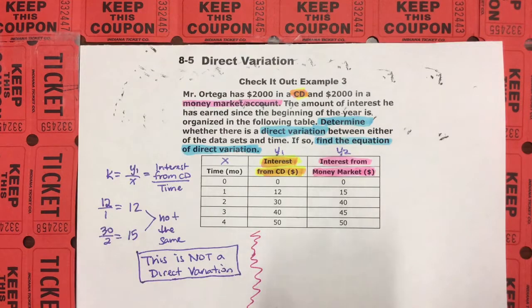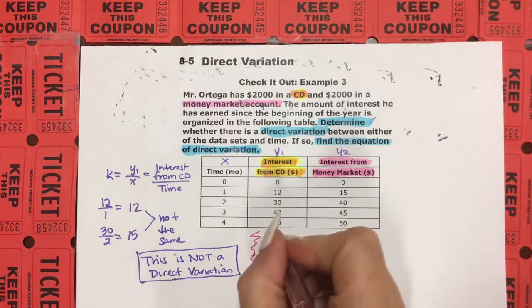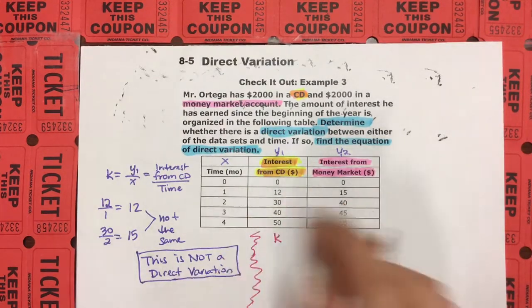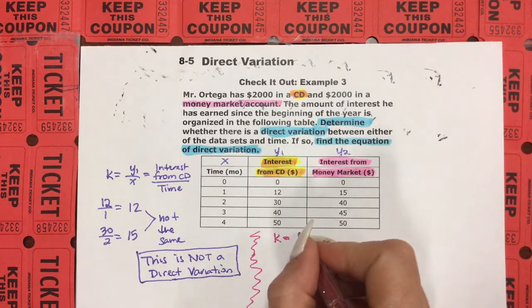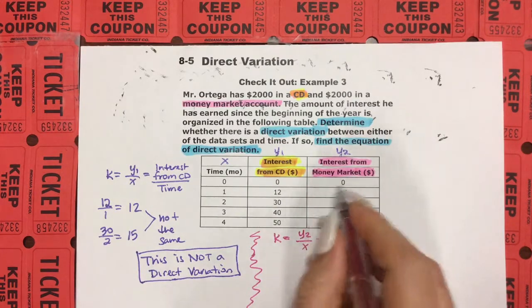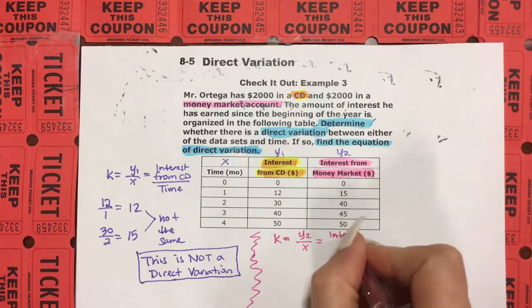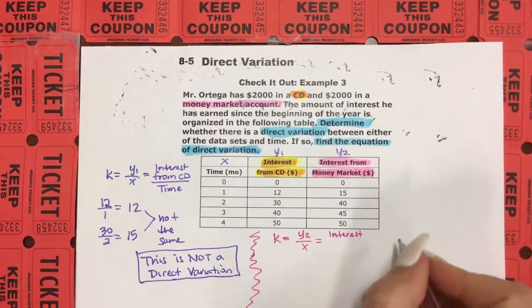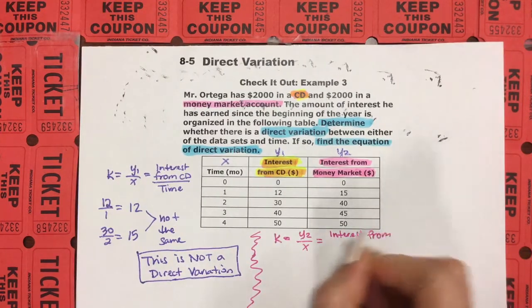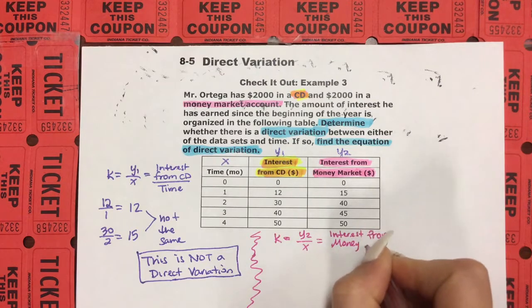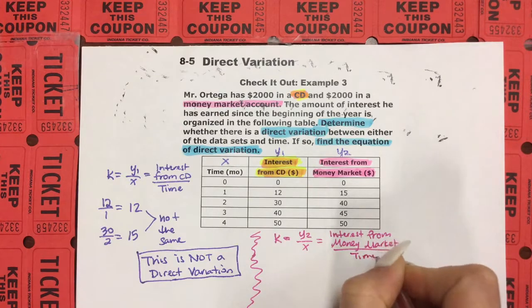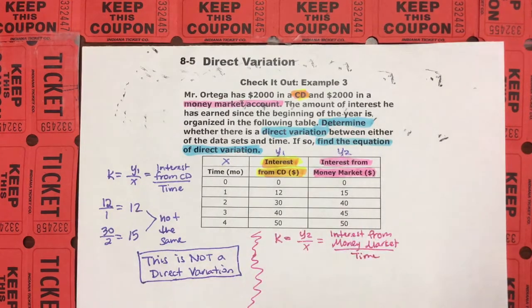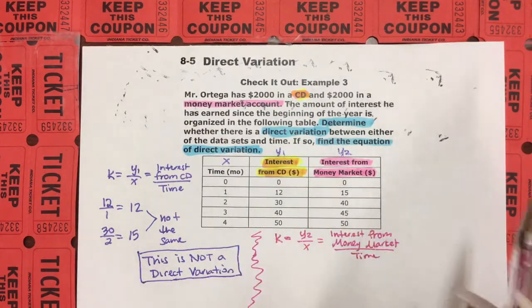What do we have over here? We're going to find the k, the constant of variation. It needs to be the same relationship between all these data values. k represents y2 over x, and the y2 is really representing the interest from the money market over time. Okay, so let's look at the relationship between these numbers and see if it's a direct variation.